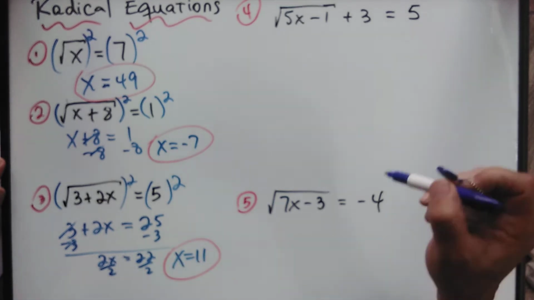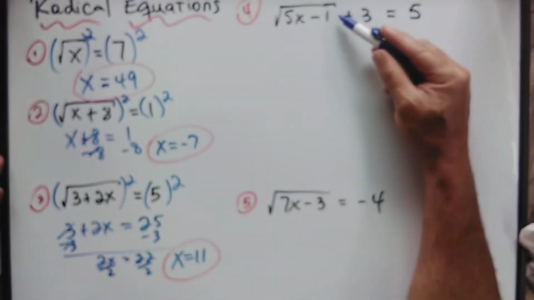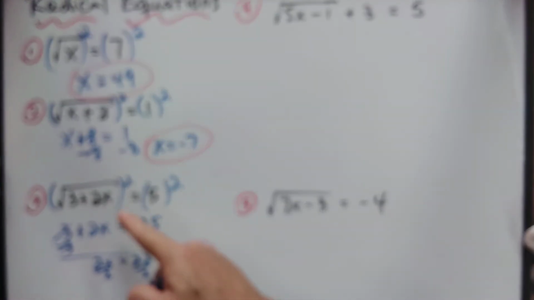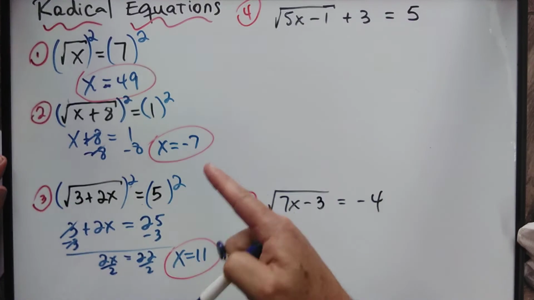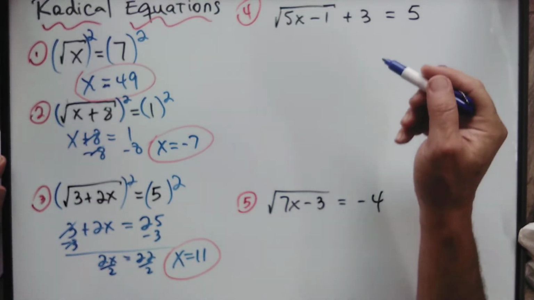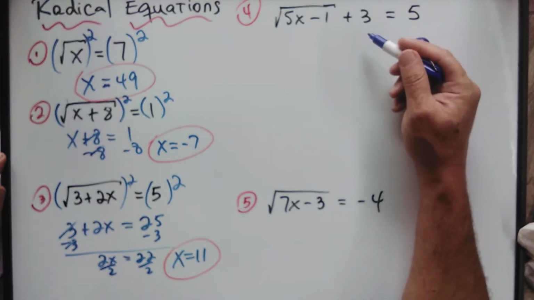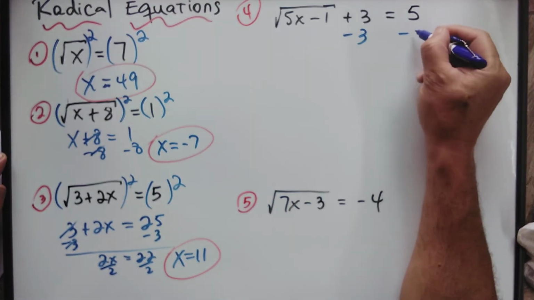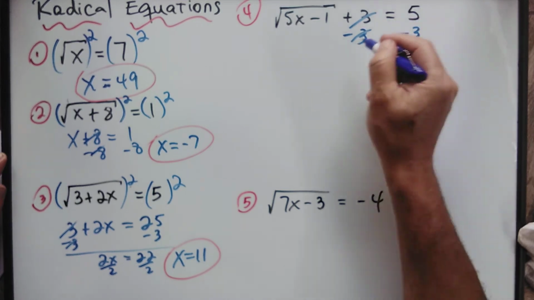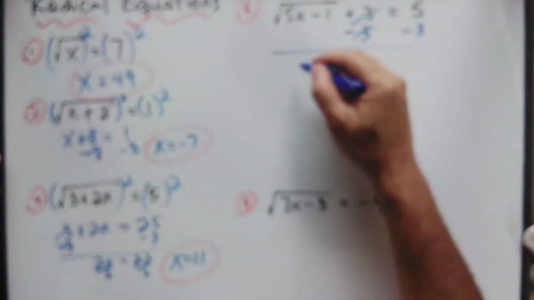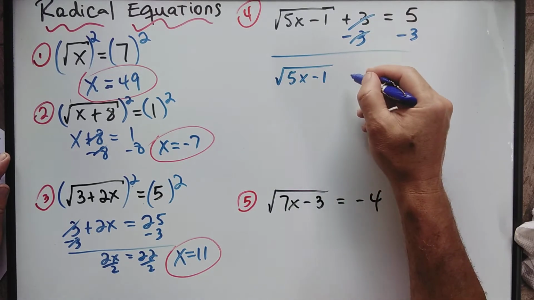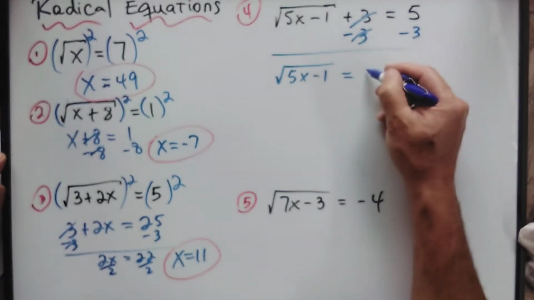On the next example, I noticed that the radical is not by itself. There's a 3 here. So unlike the previous ones where you already had the radical isolated on one side of the equation, in this case there's a 3 in between. So I'm going to get rid of it by adding 3 to both sides. That's going to cancel that. So you have square root of 5x minus 1 equals 5 minus 3, which is 2.